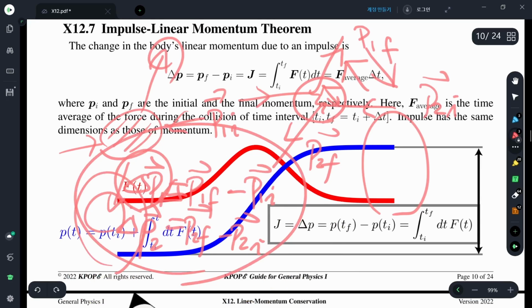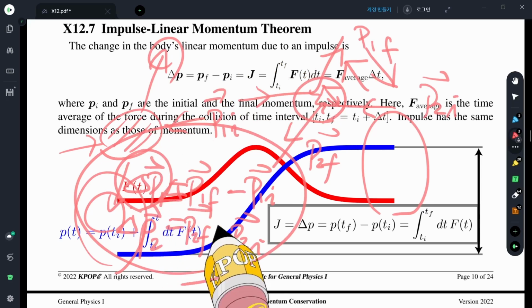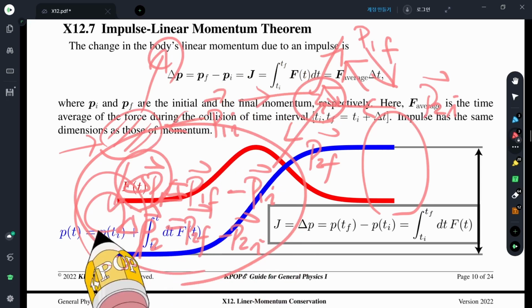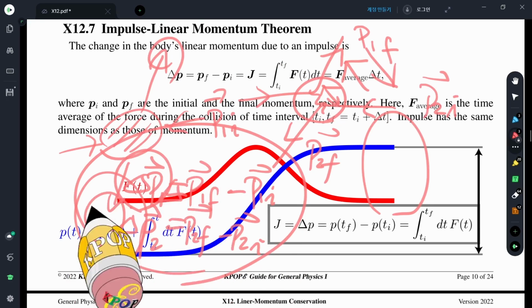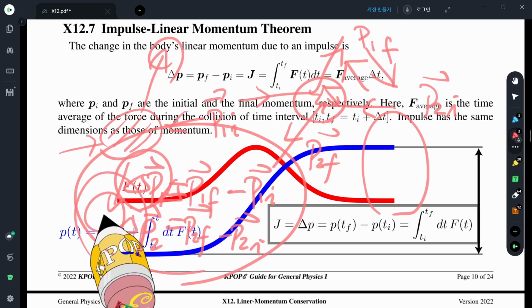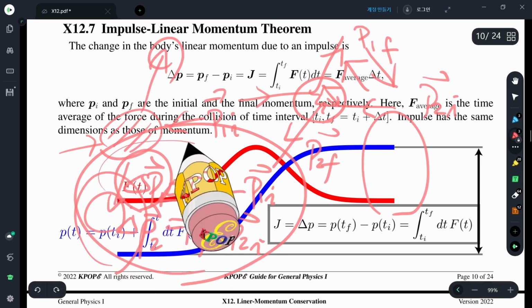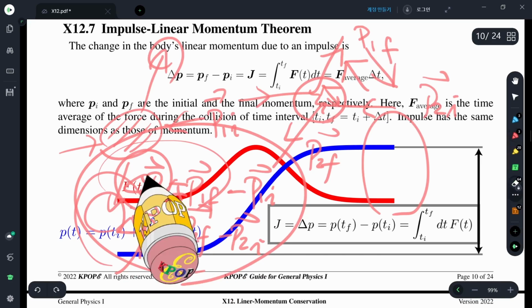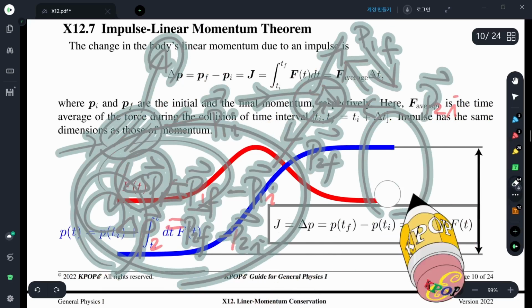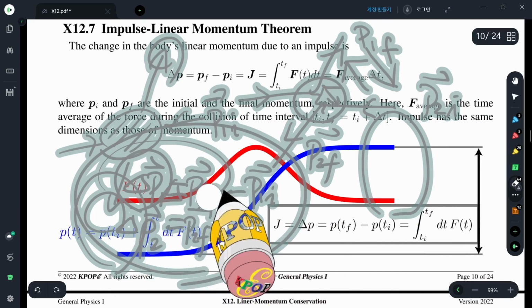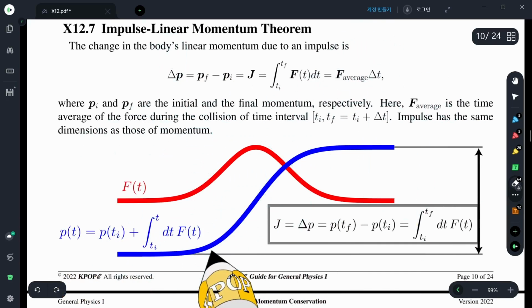Because the interaction is between the two particles only, this is an internal interaction. Therefore, for the system, the total sum of the change of each particle's momentum vanishes. So linear momentum conservation says the sum of these two must vanish. But if you look at a single particle only, then there should be some change. A single particle accepts the force during a certain time.